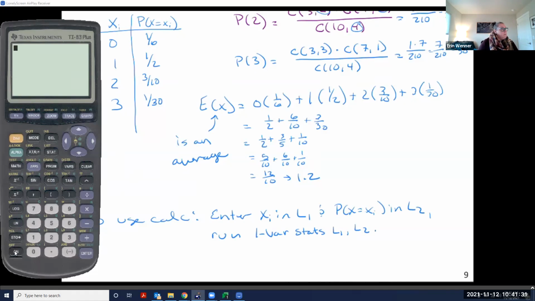So if we turn it on, remember to get to the L1 and L2, we need to hit the stat key. Okay. So again, to get to L1 and L2, use the stat key.